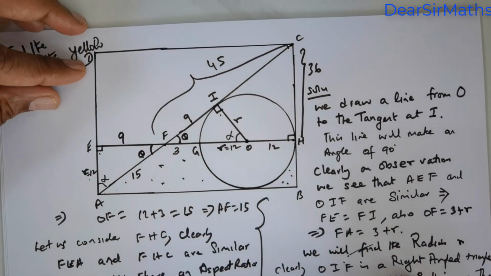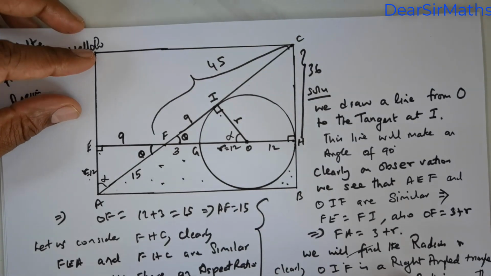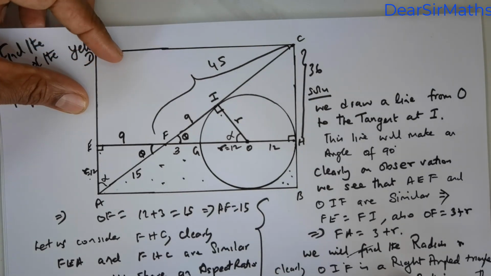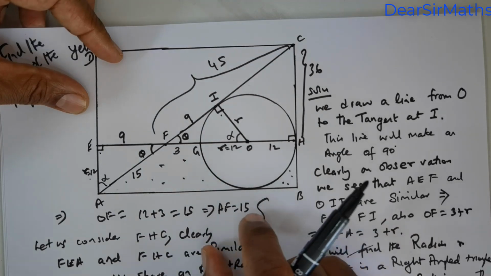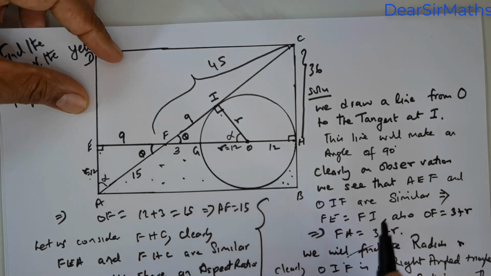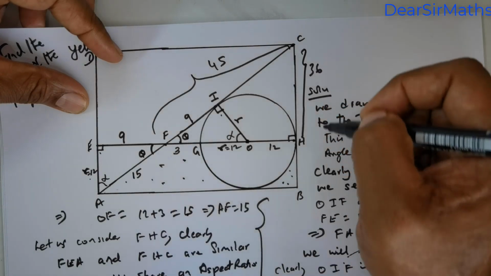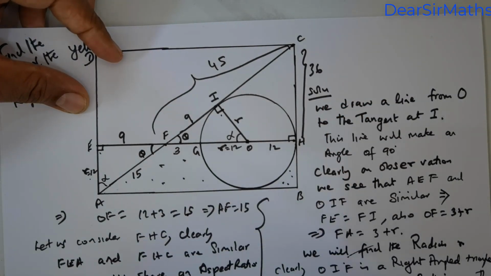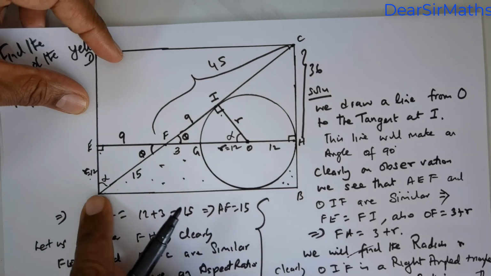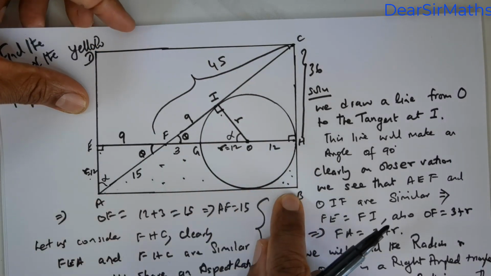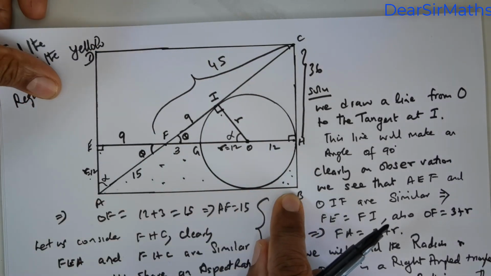Okay, so now it's time for us to actually get the net information, right? So what is the net information? As I mentioned to you, we have to get the base of this particular rectangle.